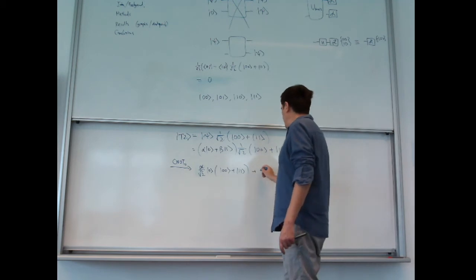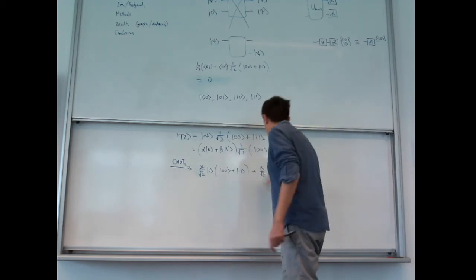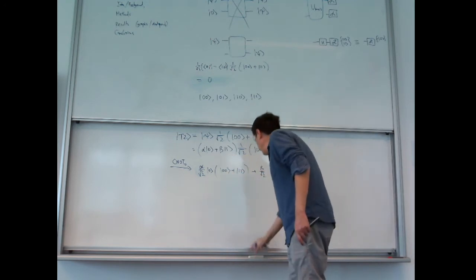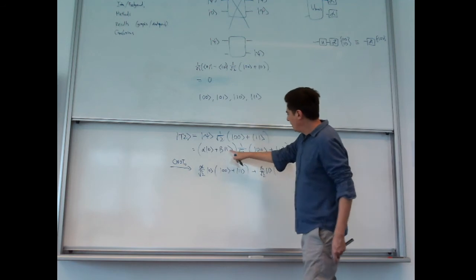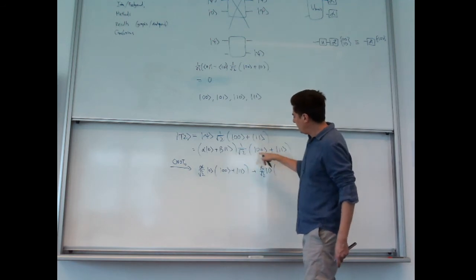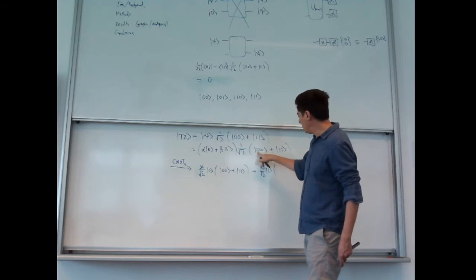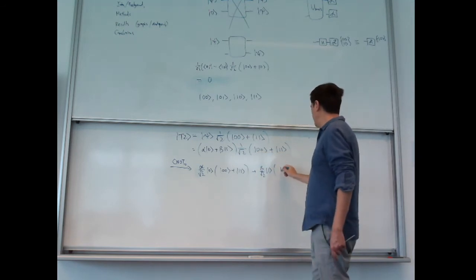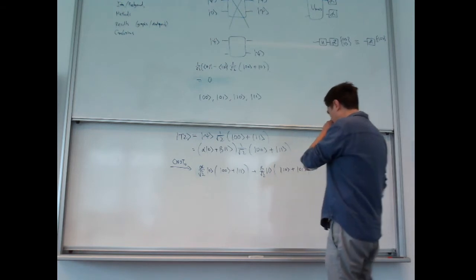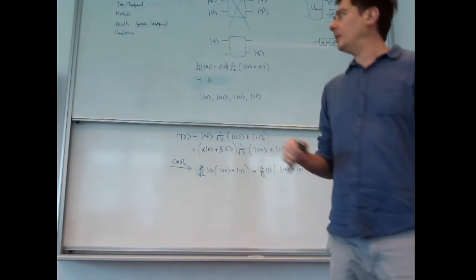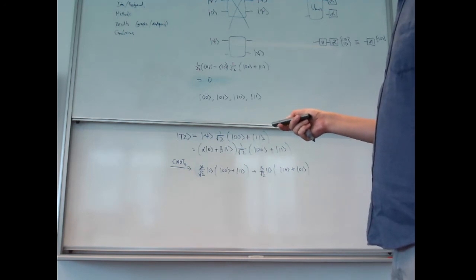Now for the second term, which has a 1, because this is a 1, it's going to flip the second qubit, right? So this is going to be flipped, and that's going to be flipped. So this is going to be 1, 0, and 0, 1. Okay, so that's the controlled knot after there.